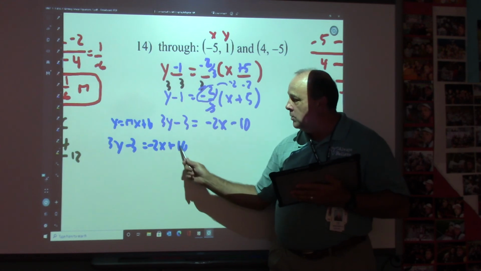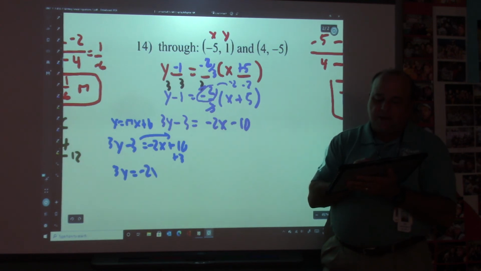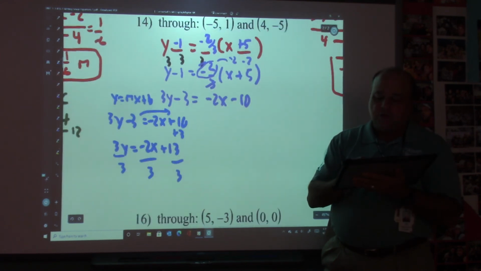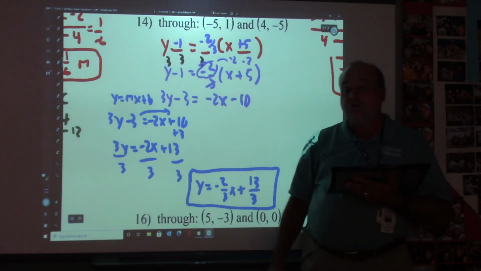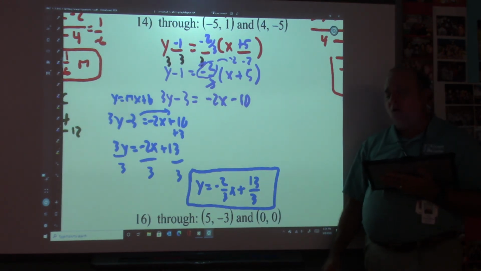I'm going to move the 3 to the 10. So 3y equals negative 2x plus 13. And then I'm going to divide by 3. You're going to get a lot of fractions on this. So our y is going to equal negative 2 over 3x plus 13 over 3, which would be 4 1/3, right? They want you to leave it improper. So that would be our y-intercept form.